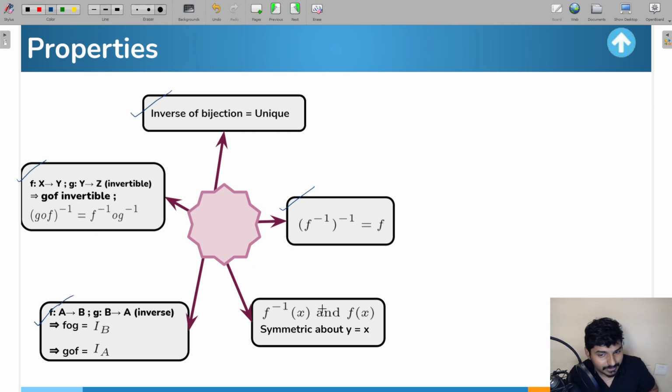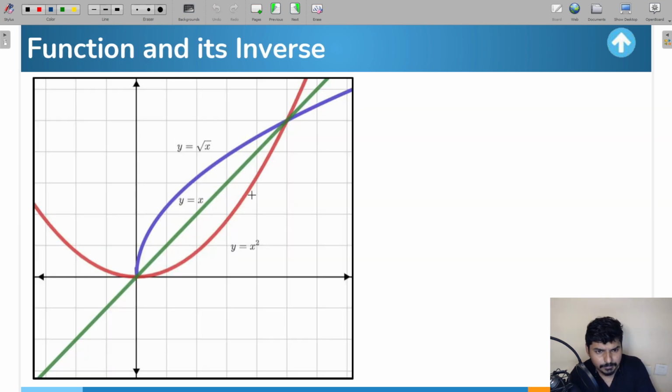And then always remember that f of x and f inverse of x are always going to be symmetric about the line y is equal to x. When you draw the graph of f of x and f inverse of x, they are definitely going to be symmetric about the line y equal to x. For example, you see here, guys, y is equal to x square and y is equal to root x. Actually, these two functions are inverse to each other. And if you observe the graph, about the line y is equal to x, they are symmetric. Yes or no?